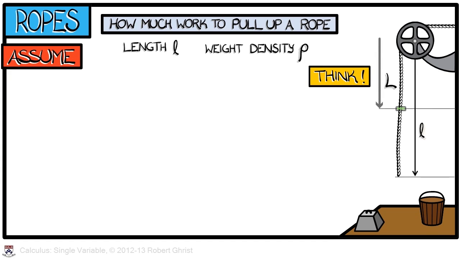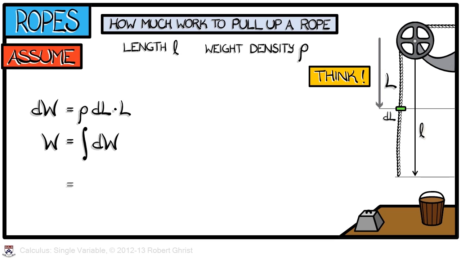Now let's think if we were to break this rope up into infinitesimal pieces of length dl, then we would have to raise that up by some height. Let's call it L. Then the work element is rho times the length element, dl, that's giving you the weight, times the distance, capital L, that we have to move.